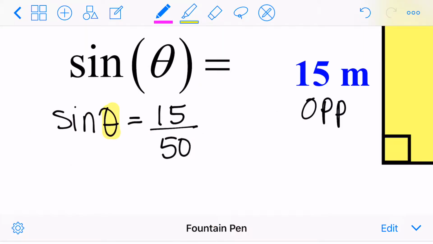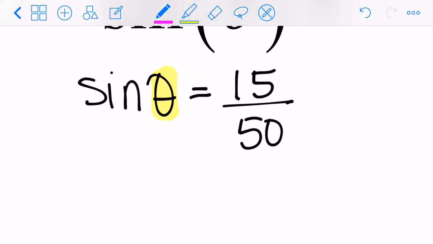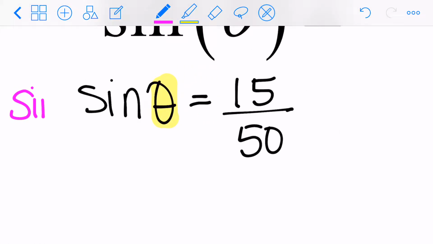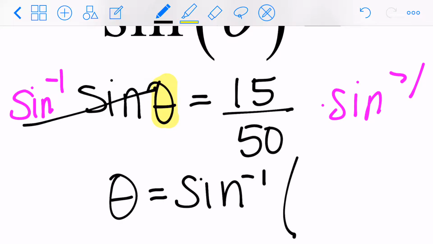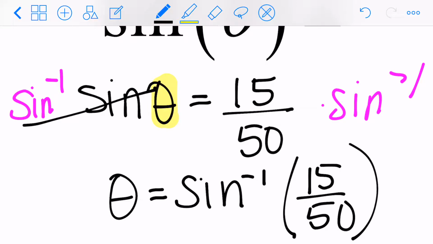So we're going to have to multiply by inverse of sine to both sides. As these cancel, we're left with theta equals inverse sine of 15 over 50. So go ahead and do that in your calculator. Inverse sine of 15 divided by 50.